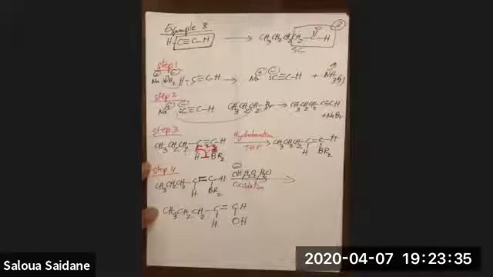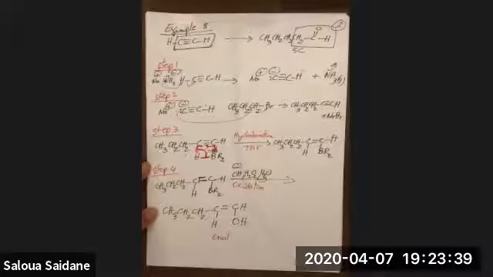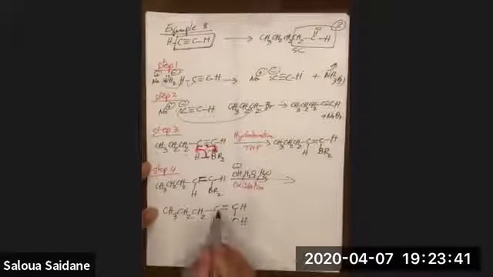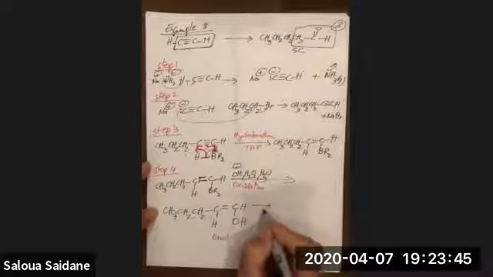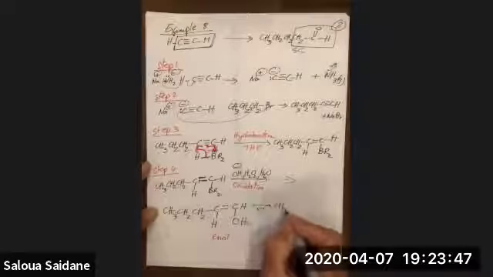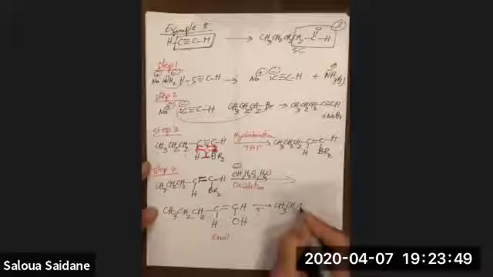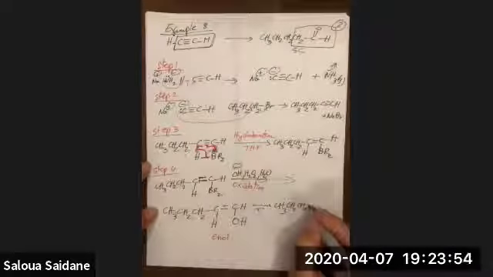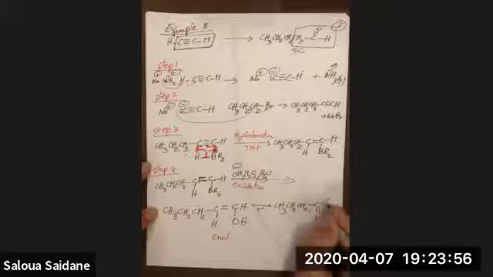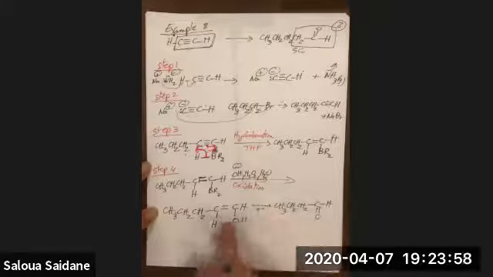Now, if you remember, this is called an enol. And every time you have an enol, the H moves here and the double bond moves here. So it's in equilibrium with this. So instead of a CC double bond, you're going to end up with a CO double bond. But if you're going to make the CO, the H has to move here.